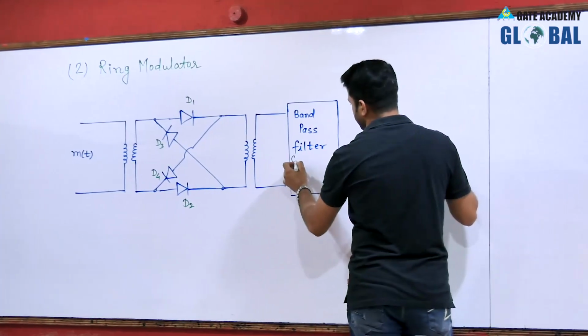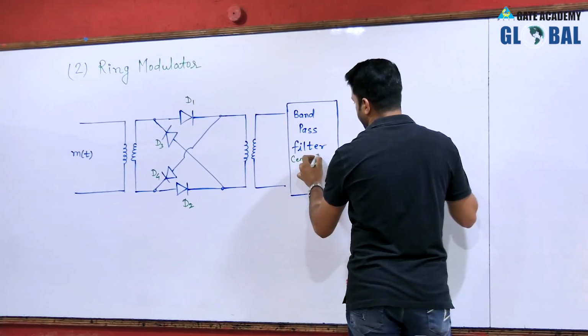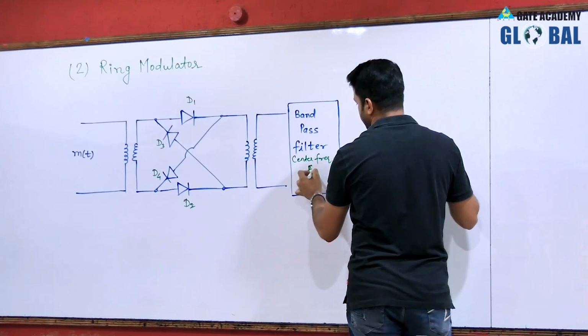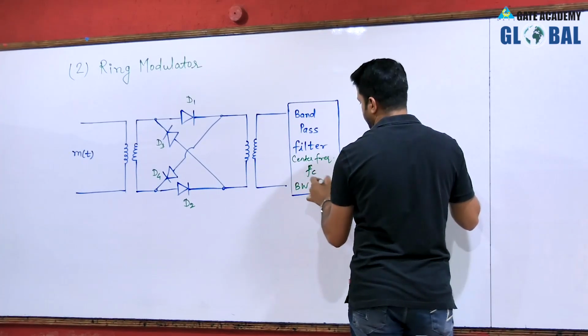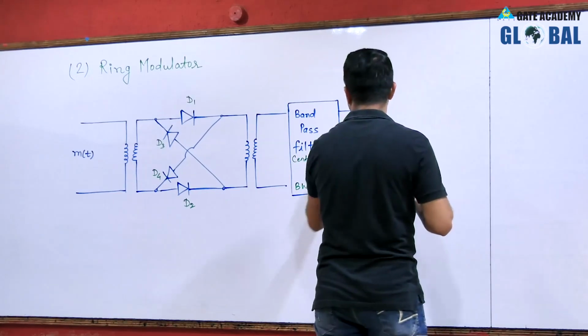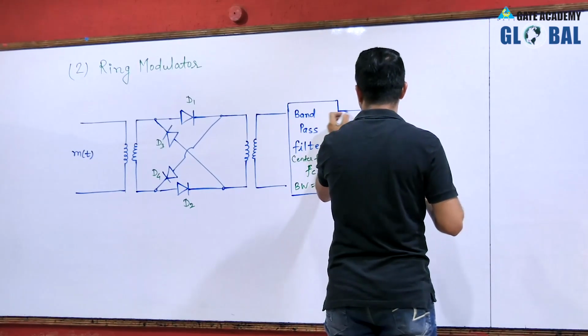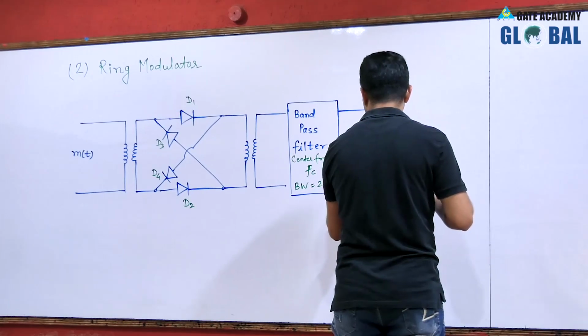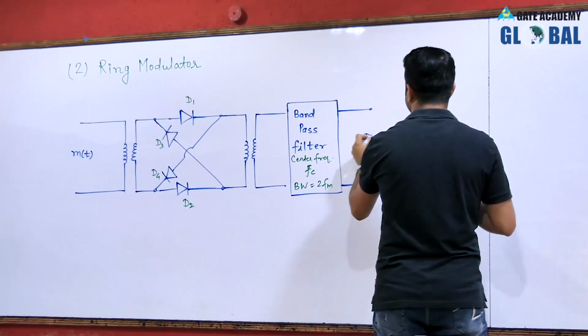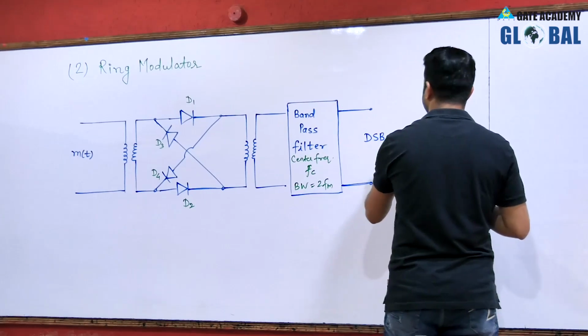Having center frequency FC and bandwidth 2 FM. And the output of this band pass filter should be our desired result, that is double sideband suppressed carrier.